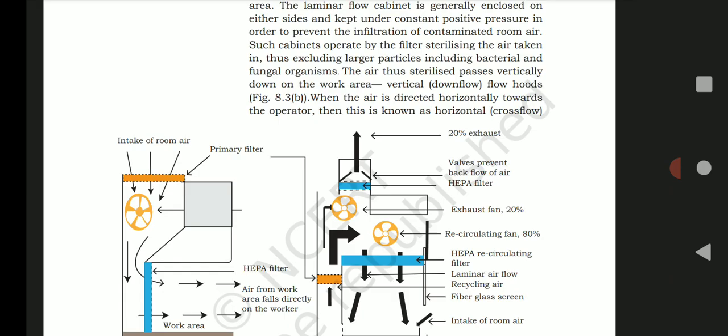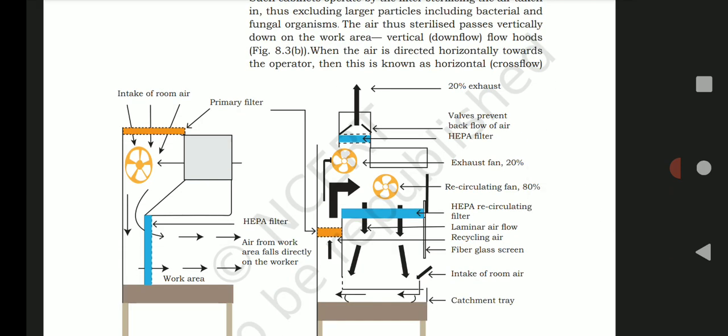In the horizontal cabinets, the air flow is fitted with a fiberglass screen that prevents the entry of particles, and an exhaust fan is also fitted, so that it pushes the air present inside, and purified air is circulated by the HEPA filter, which is fitted at the bottom of the laminar flow hood.